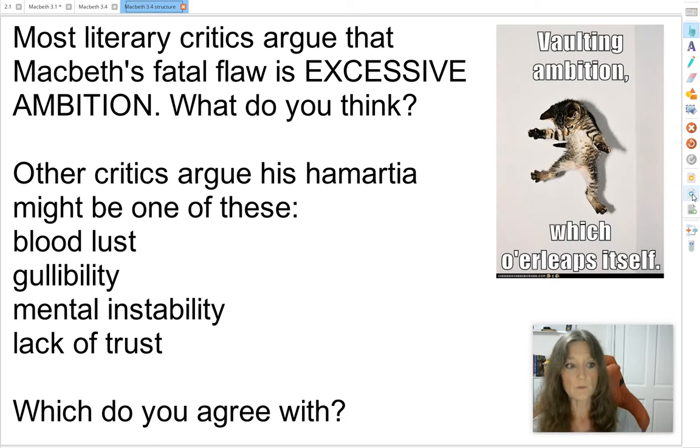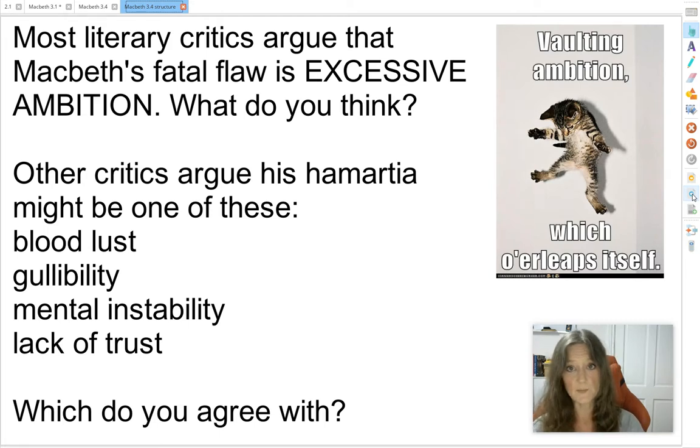The next one, which I probably agree with most, is his gullibility. He doesn't seem to have a really, really high IQ. He needs instructions from other people to make the right choice. And when he's following someone else's instructions, like Duncan's in battle or Lady Macbeth's in the murder of Duncan, everything seems to go really, really well. When he starts making his own decisions, not so much.